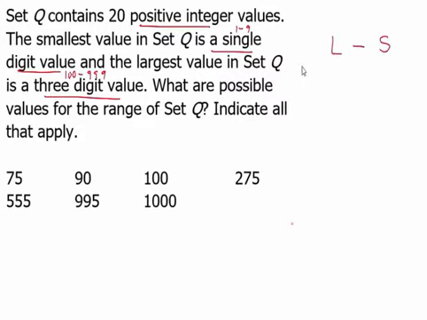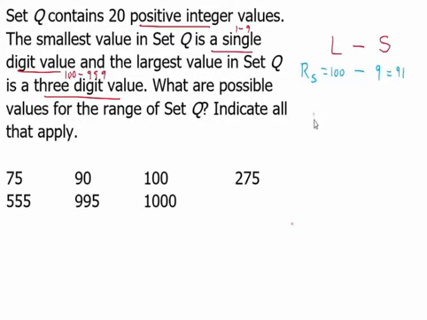The range is smallest, let's say RS, when the largest number is as low as possible, that's 100, and the smallest number is as high as possible, that's 9. So the smallest the range could be is 100 minus 9, which is 91.